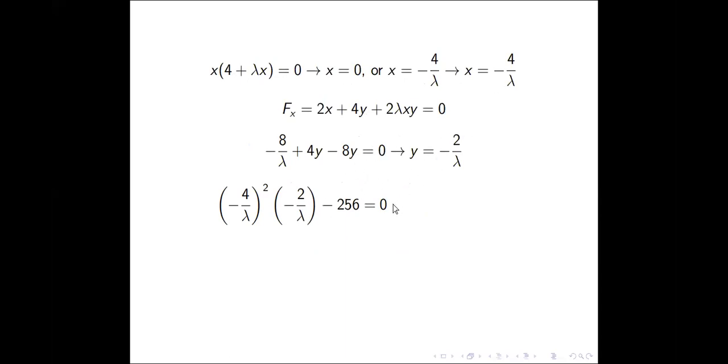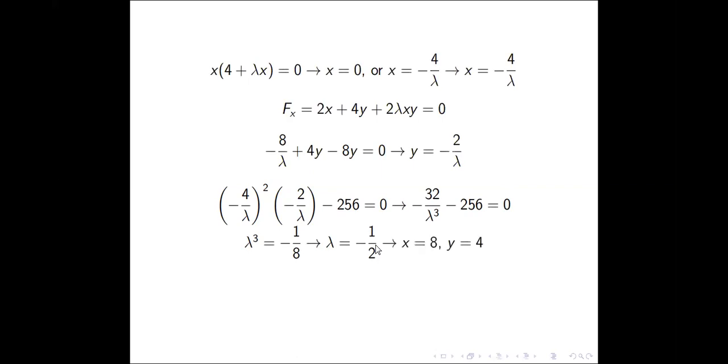And the rest is algebra. You should get negative 32 over lambda cubed for this one. And then if you solve for lambda cubed, transpose, cross multiply, you'll get this. And then you take the cube root, lambda equals negative 1/2.